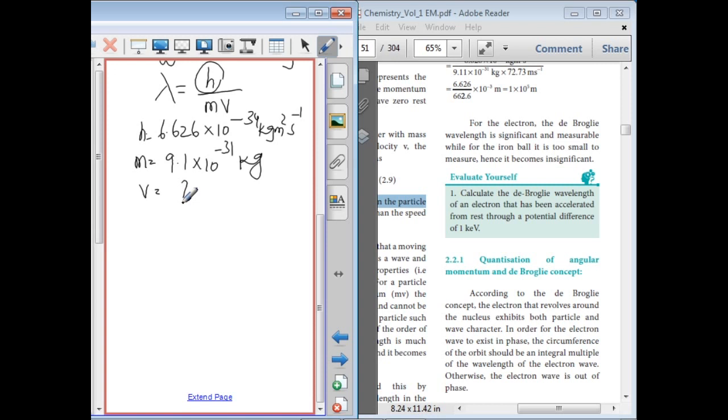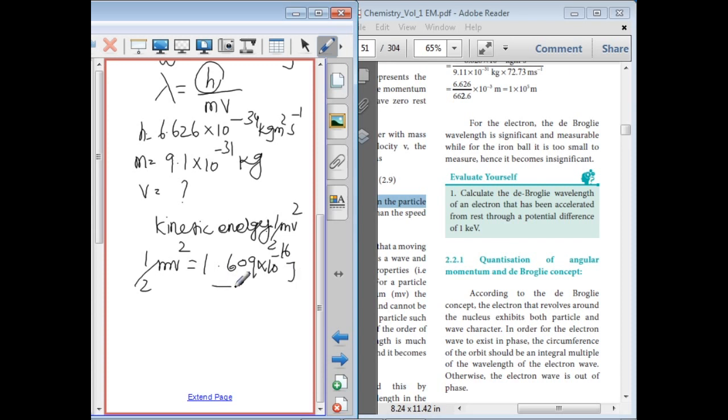So this is the moving electron. Moving electron means kinetic energy. So kinetic energy equals half mv square. So half mv square equals 1.609 into 10 power minus 16 joule.